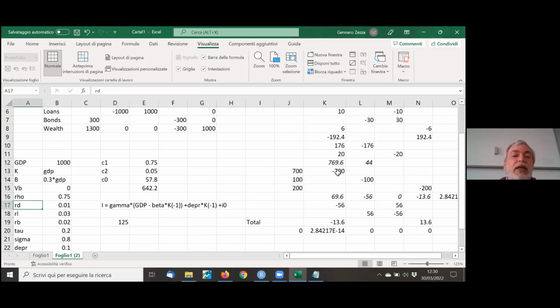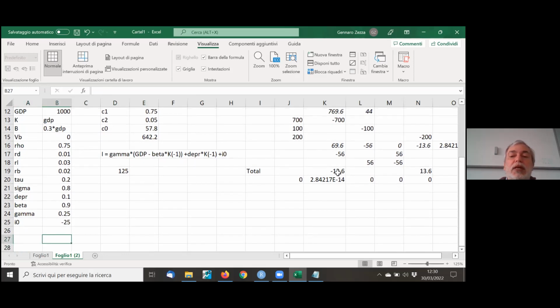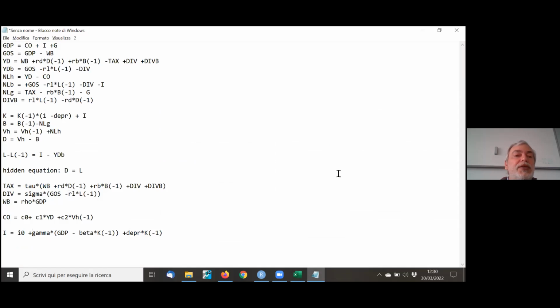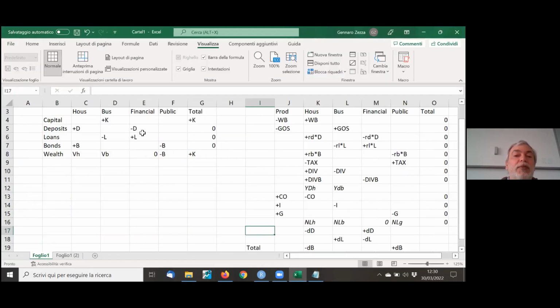And finally, there is an inconsistency in here, which is that we have this concept of the stock of wealth of the business, VB.